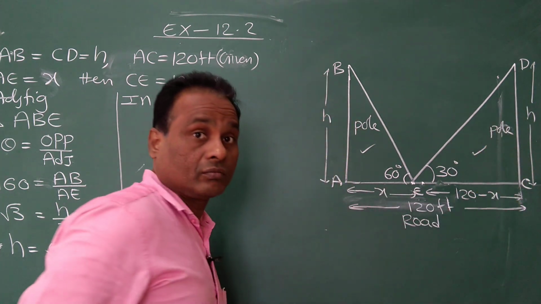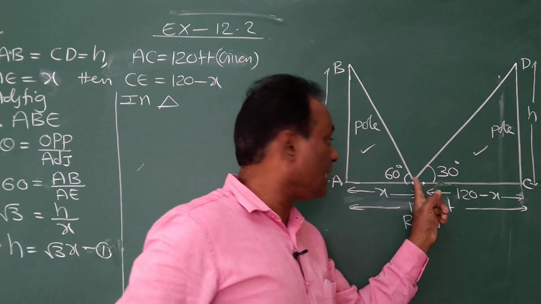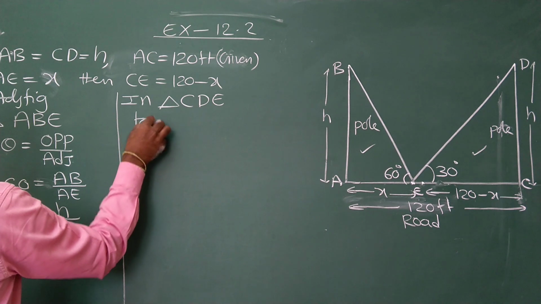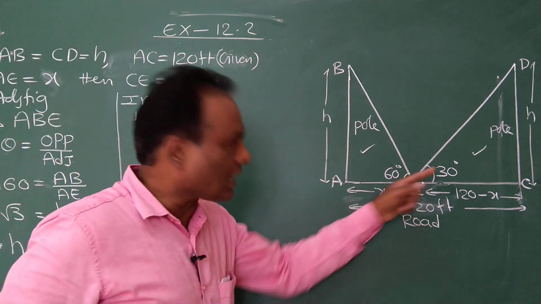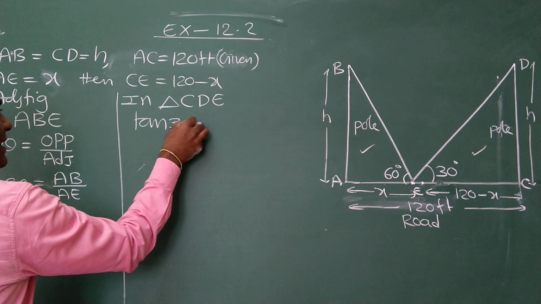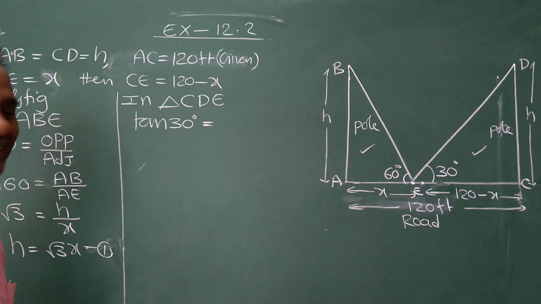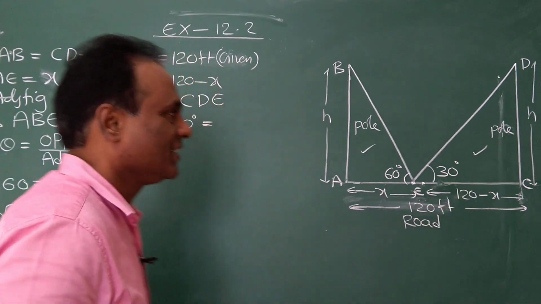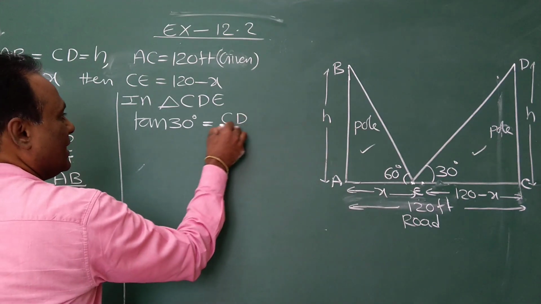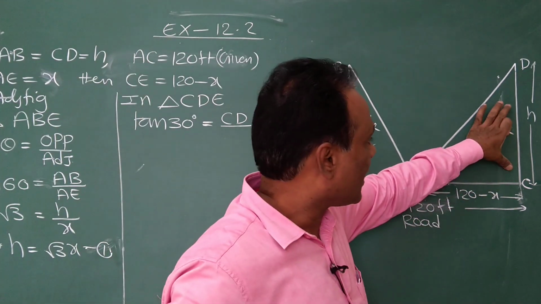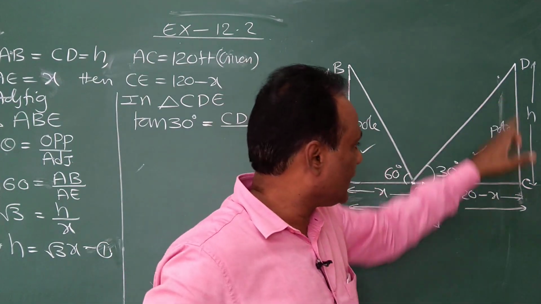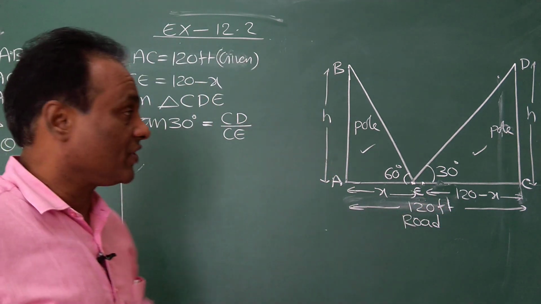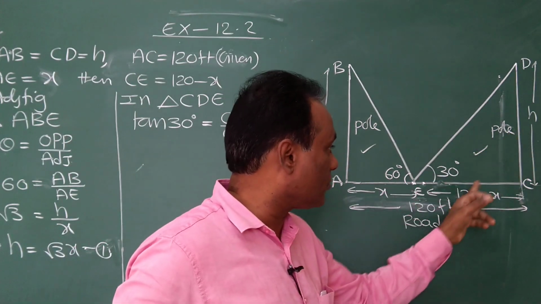Same: tan 30 is equal to opposite by adjacent.